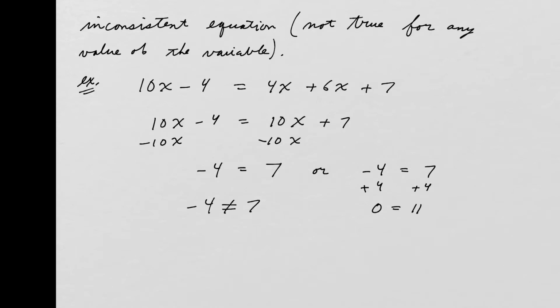So what does this mean? It means that there is no solution. So there's no x that will work in this case. So I'll say there's no solution, and I'll write no x will make this true.